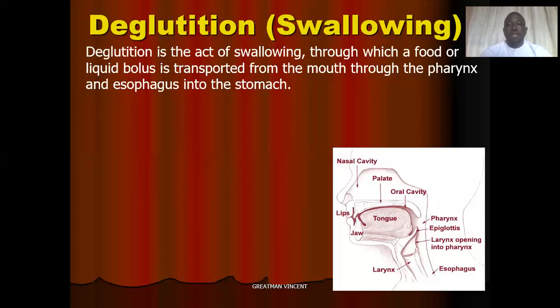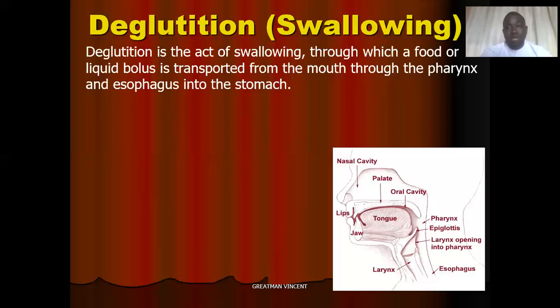So the pathway is the process where food is taken into your mouth. It will be transported from your mouth to the pharynx, and from the pharynx to the specific and desired pathway, which is the esophagus, into the stomach. Now, when I talk of a specific and desired pathway, I want to let it be known that when you swallow food from the oral region and it gets to the pharyngeal phase, it is not always automatic that it has to go through the esophagus.